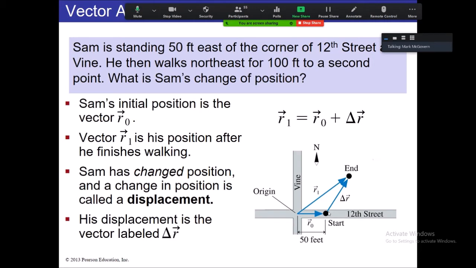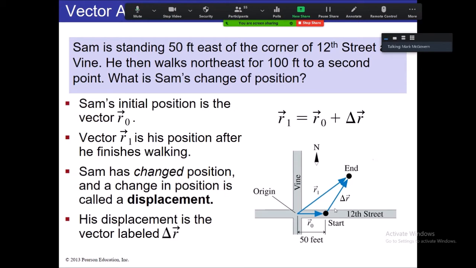What I can draw here, going from start to end, is a displacement vector, and that's indicated by a delta R, and that indicates the change in the position. And as you can see here, you can do a really simple vector addition. R0 plus the displacement vector equals the new position vector, right?